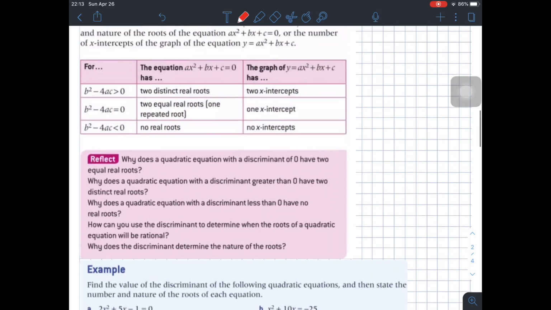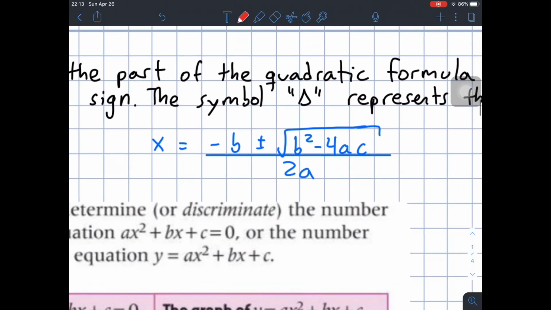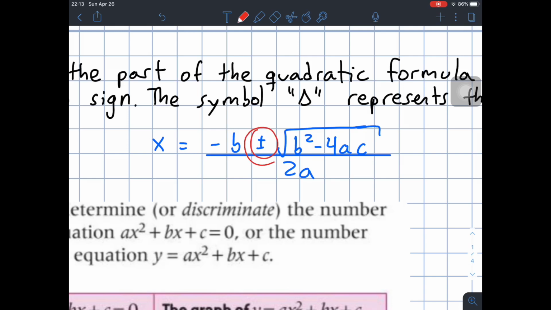Basically, if you look at the quadratic formula, you would see that the term that causes to have more than one or two or 0 roots is basically this radical we have over here. So if this radical is a value that is different from 0, then we'll have two results, right?